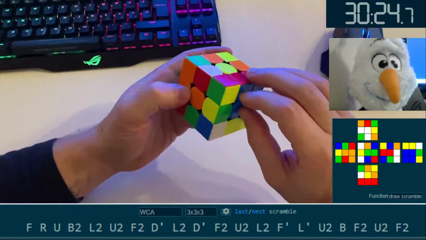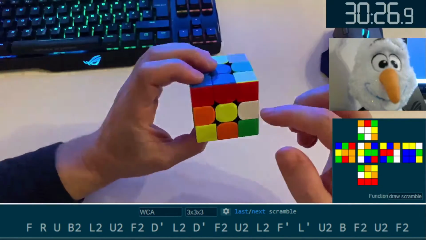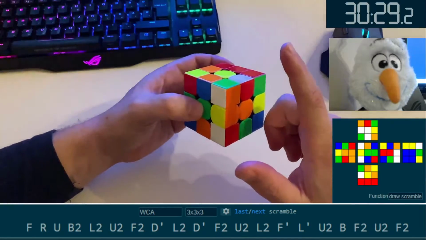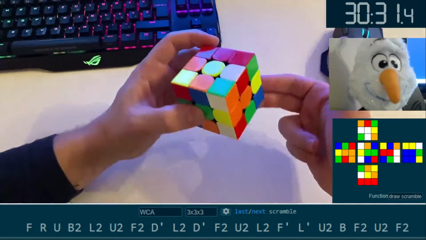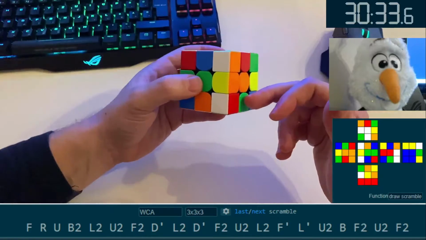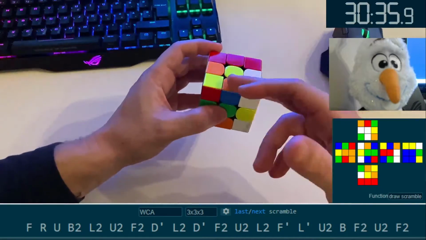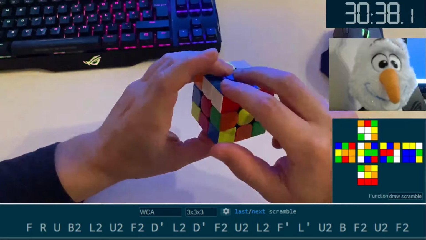Because we've got this block, we need to first push in red, then putting in blue we'll pick green, and then we simply place green into its position, and we've got our first pair.